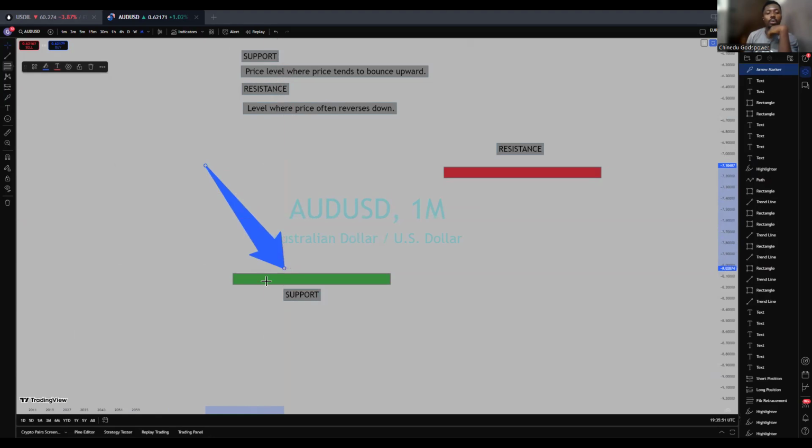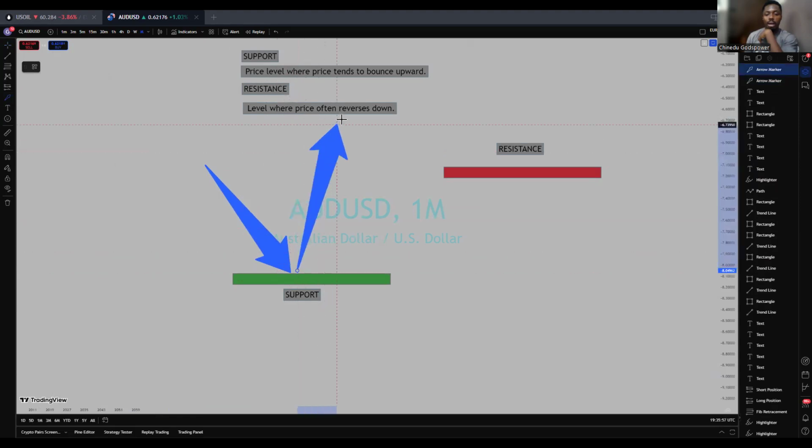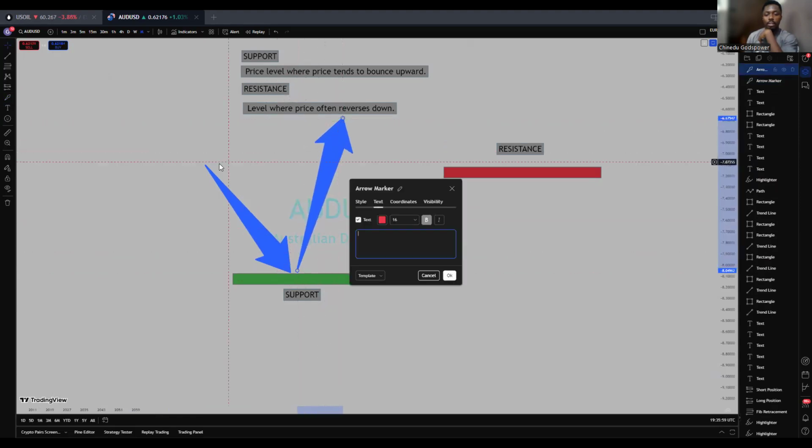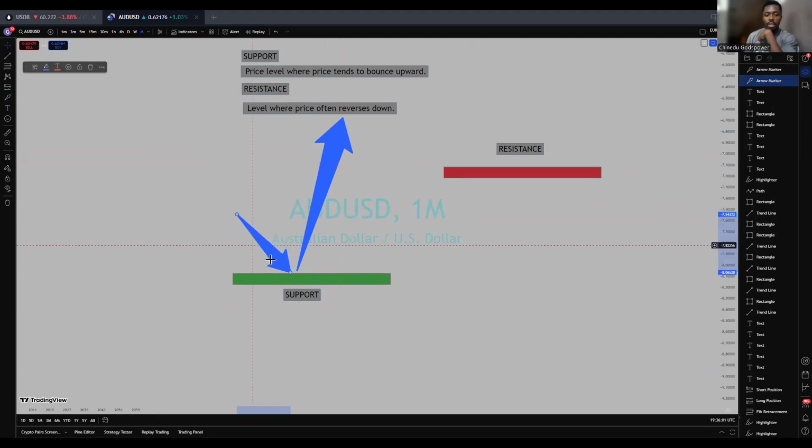Now something is coming downwards, and because it hits this support zone, you will always see a bounce back to the upside. Whenever something is coming down, it touches this support level, because there's a support down here. And support in forex trading is called demand.